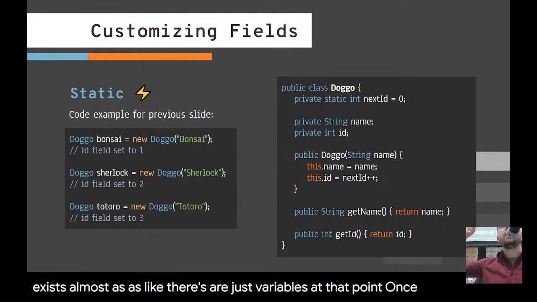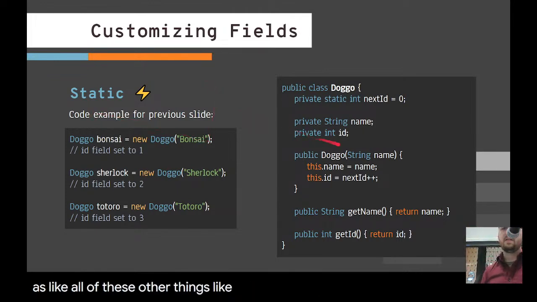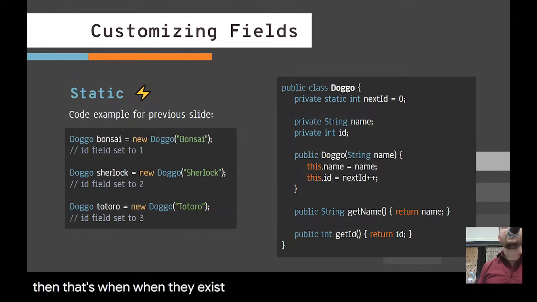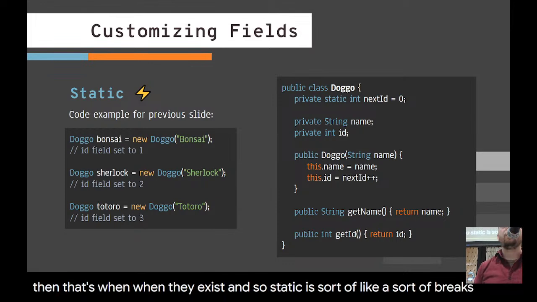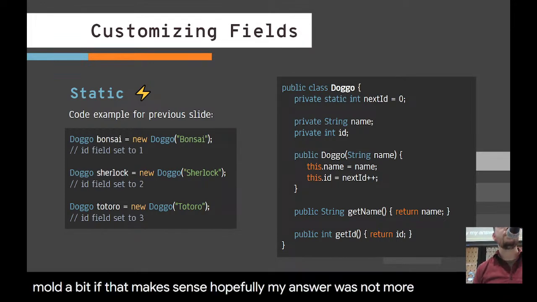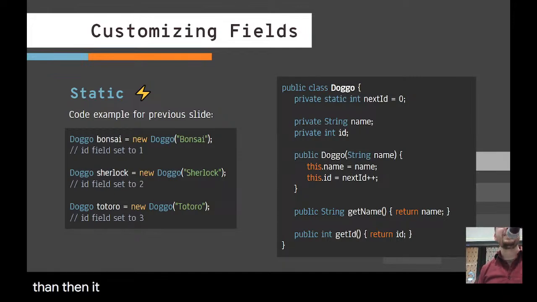But as far as all of these other fields that are not static, the only way that those are going to exist is if we create an instance of the class, and then that's when they exist. And so static sort of breaks the mold a bit, if that makes sense. Hopefully my answer was not more confusing than it needed to be. Is that helpful at all? Do you have maybe a follow-up to that?